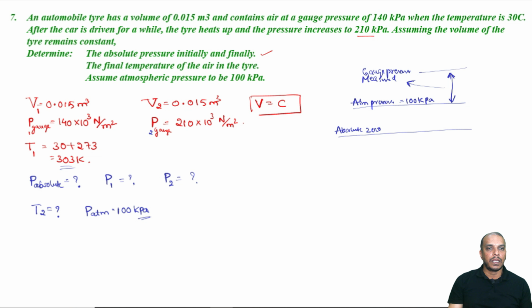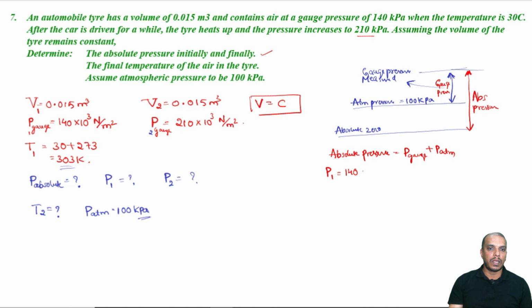If you want absolute pressure, it has to be measured from the absolute zero. So this is your absolute pressure, and this is our gauge pressure. Therefore, we can write the equation: absolute pressure is given by gauge pressure plus atmospheric pressure.